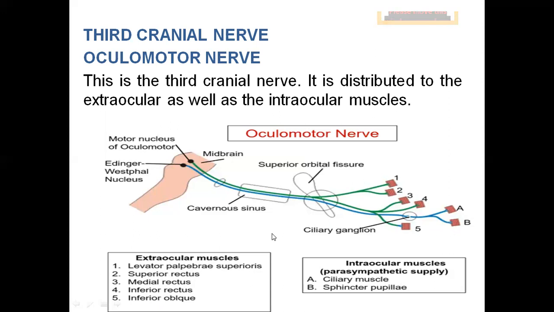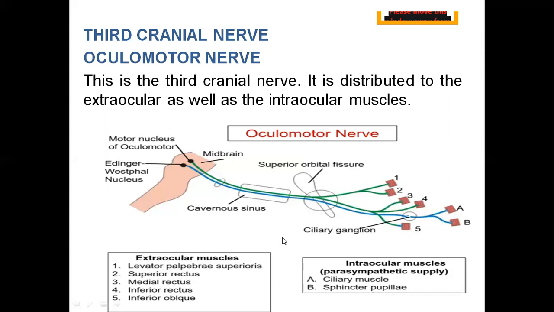It also gives one twig to the ciliary ganglion, which is the parasympathetic supply. The intraocular muscles supplied by the oculomotor nerve are the ciliary muscle and the sphincter pupillae. If you practice this diagram and understand this slide, you can write completely about the oculomotor nerve.